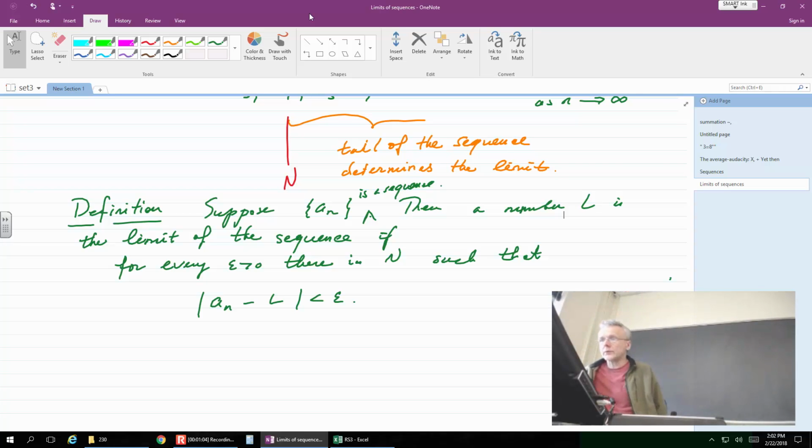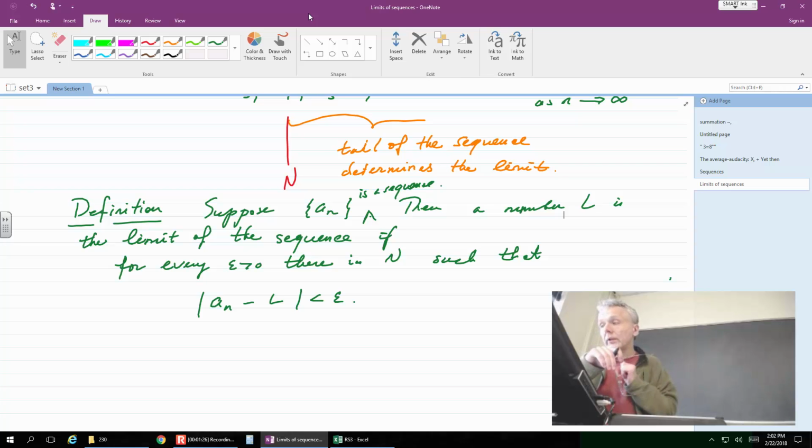Okay, so the limit. This is something that you saw in Calculus 1, and that's why we're not going to spend as much time as would otherwise be appropriate. But I'll try to make as much use as possible of what you experienced in Calculus 1, and then concentrate on things that are actually different.